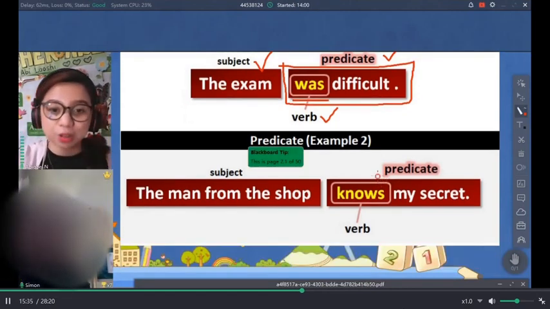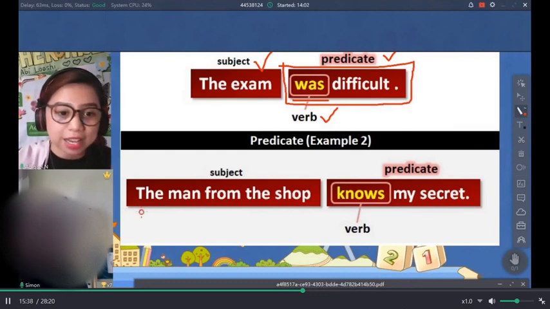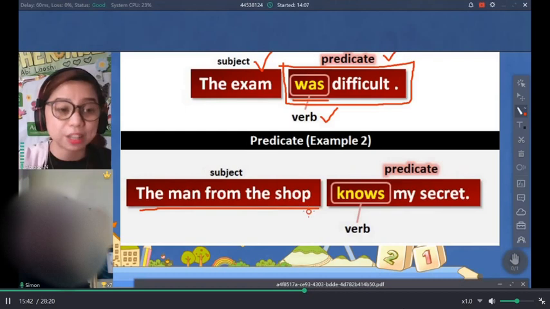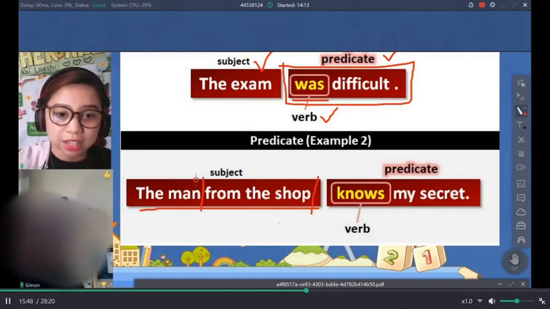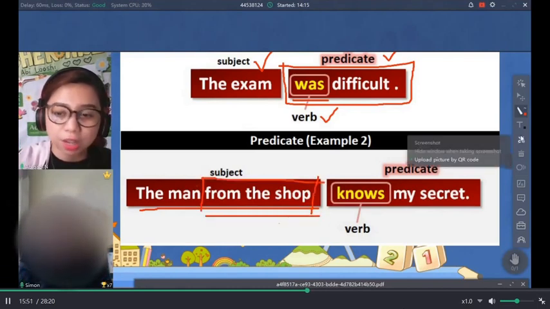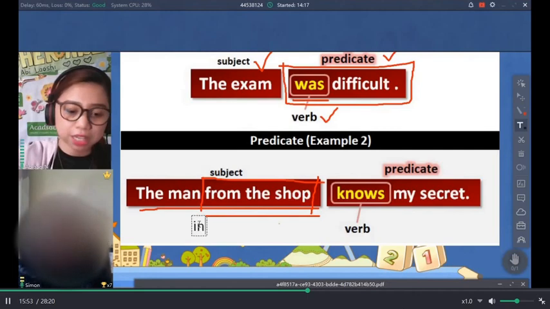Okay. Well, let's look at this example. The man from the shop. Maybe you will think that this is a long subject, right? But this is really the subject. Even with the words "from the shop", this is what we call an intervening phrase.